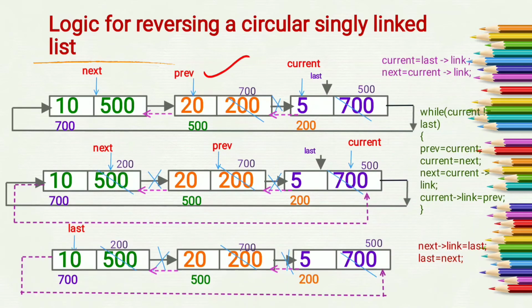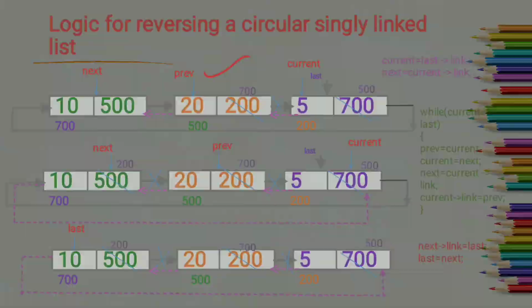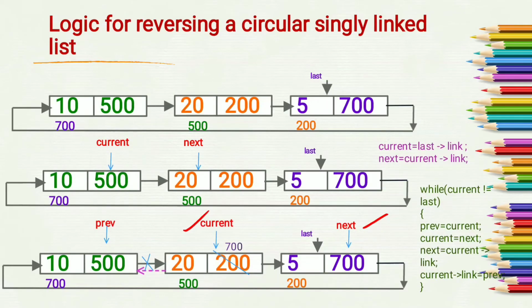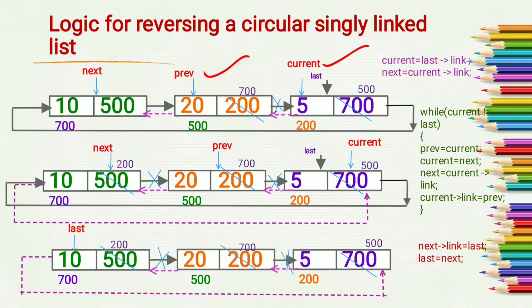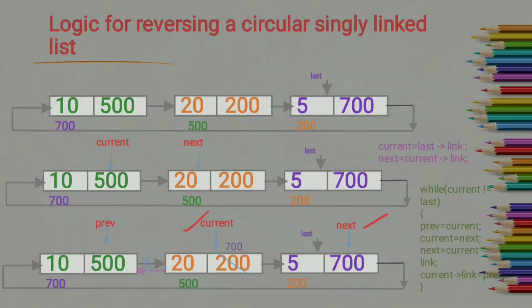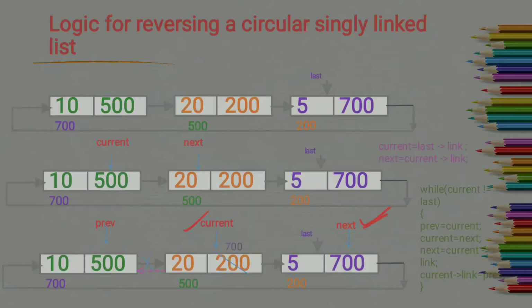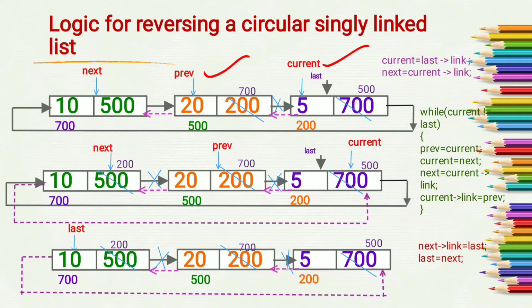Now previous is pointing to the node pointed by current, and current is pointing to the node pointed by next, and we move next to current link, that means at the address 700. So next will move to the first node of the circular singly linked list. We have to change the current link by the value stored in previous, which is 500, the address of this node.